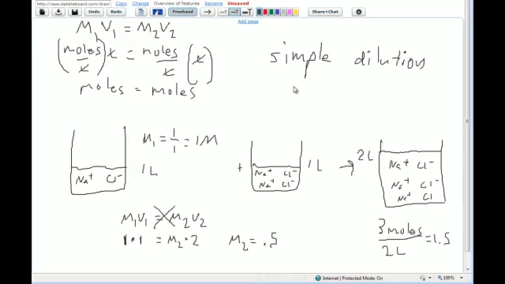And that's when you're diluting with water. If you have two sources of the stuff that you want to calculate the concentration of, the moles is not the same before and after. Therefore, you can't use the M1V1 equals M2V2 equation.